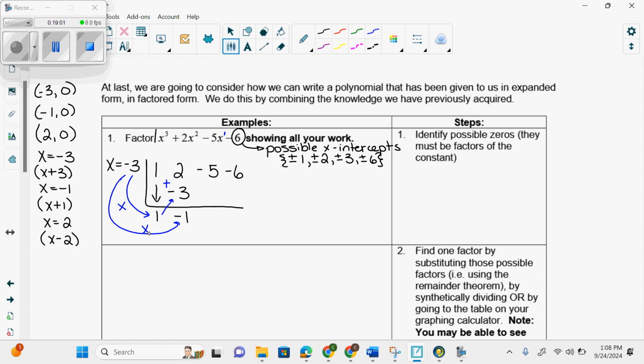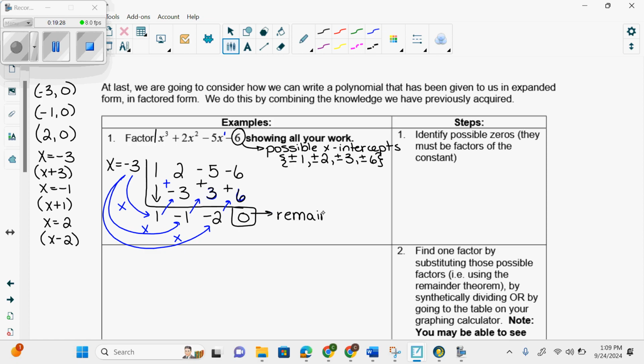Negative 3 times negative 1 is 3. So we're going to bring that up. And then we're done multiplying, so now we're going to add. Negative 2. We're done adding, so now we're going to multiply. Negative 3 times negative 2 is 6. Then I add them, and I get 0, and I box this because this is my remainder.